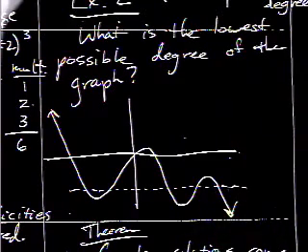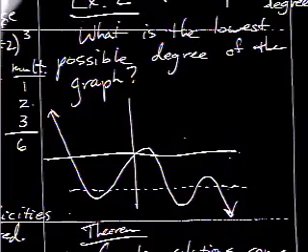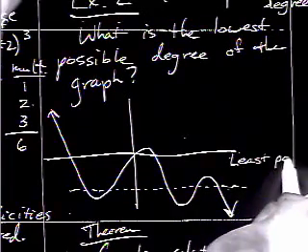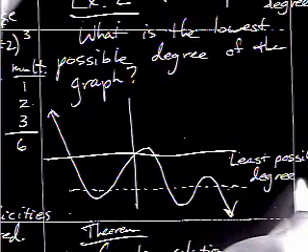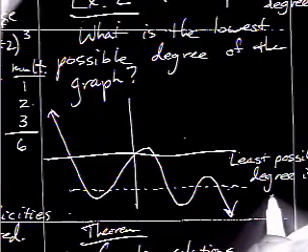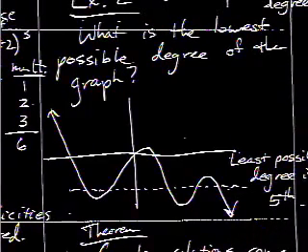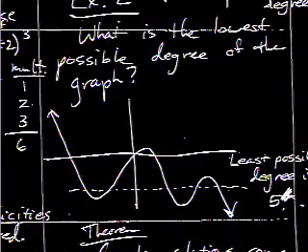How many times does it cut through the graph? 1, 2, 3, 4, 5. The least possible degree is 5. A 5th degree polynomial is what we're dealing with, folks. That's the lowest possible degree.